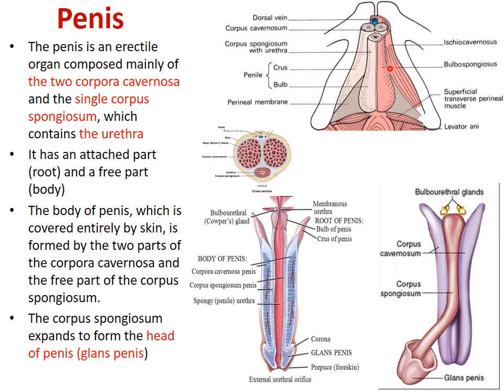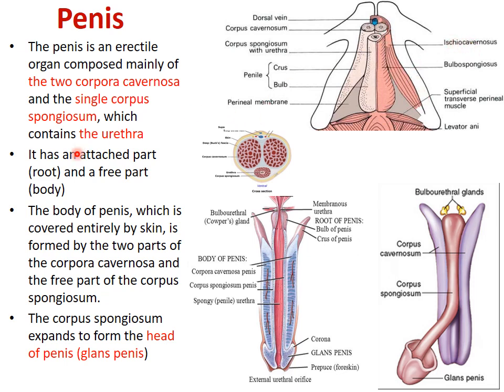Now there are other muscles. The corpus spongiosum is covered by the muscle bulbospongiosus, and the corpus cavernosum is covered by the muscle ischiocavernosus, from ischium and cavernosum.